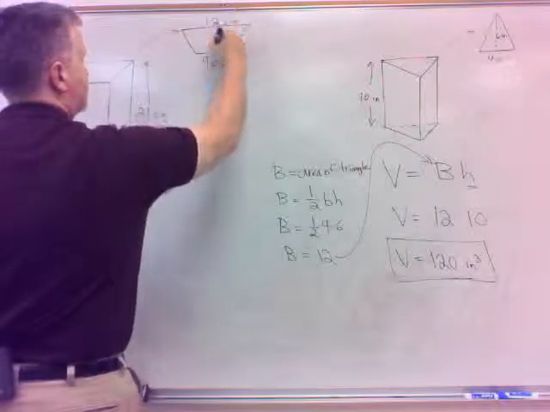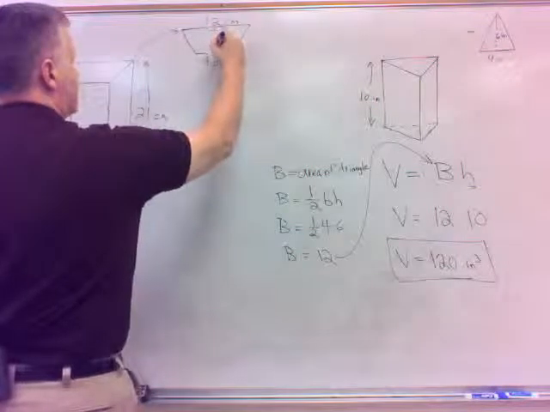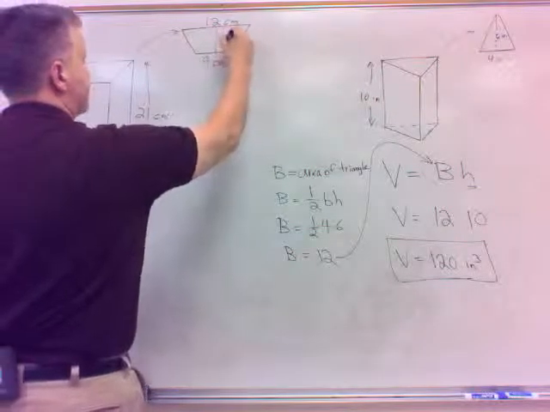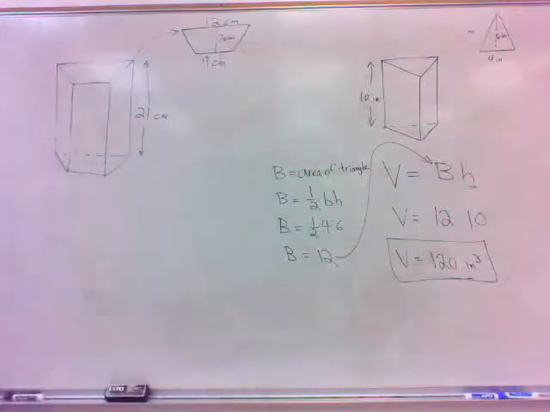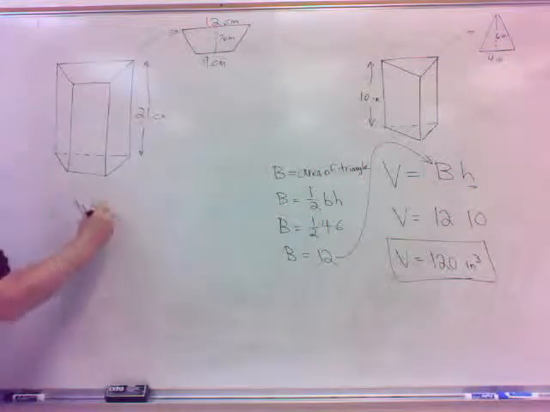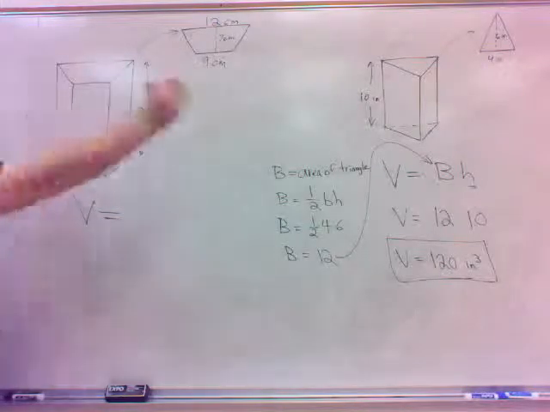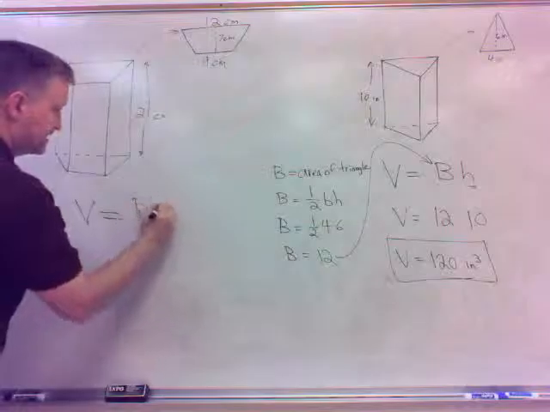And then across there, that is 7 centimeters. All right. What's the volume of that? Well, the volume of a prism, so we are talking big B times H.